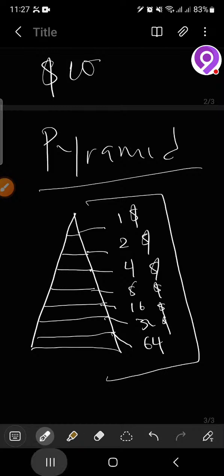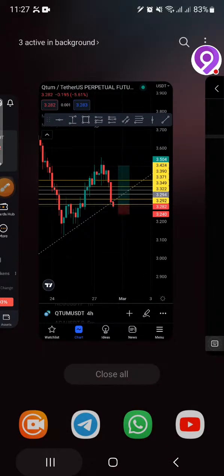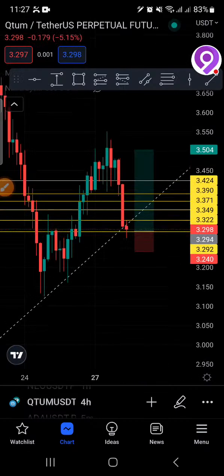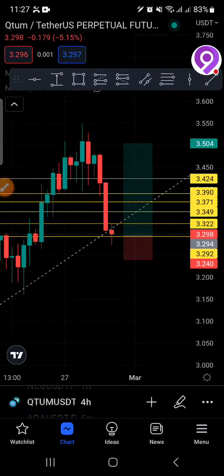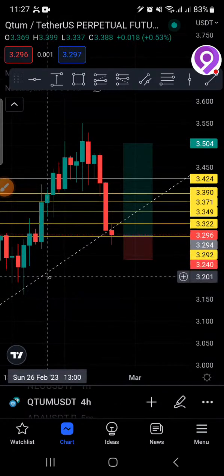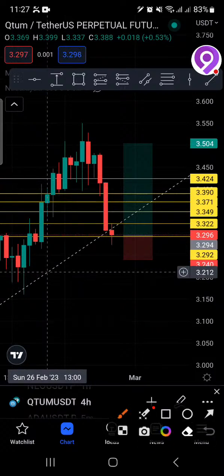Let me show you one example. If you dollar cost average this process, and this is your entry, if you use the pyramid type of DCA, after you're done, maybe your entry might be somewhere here. Look at the margin.